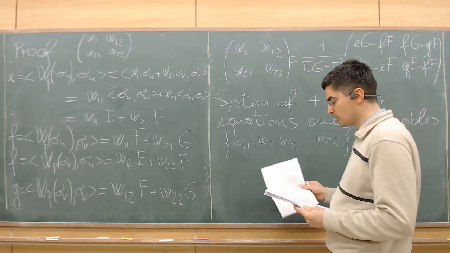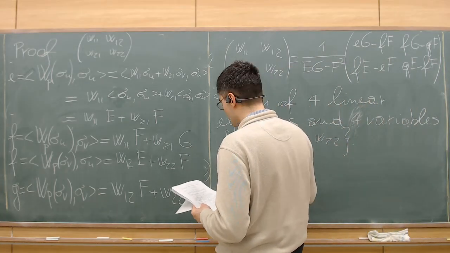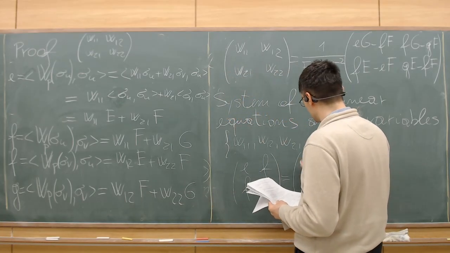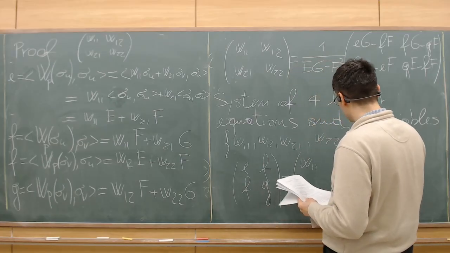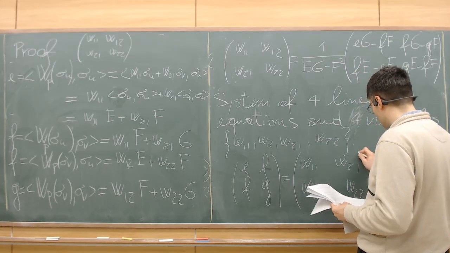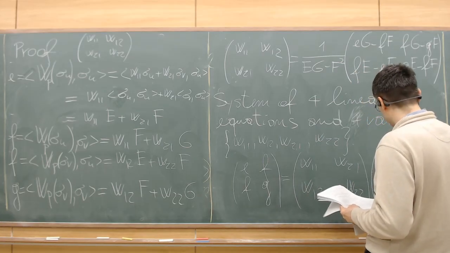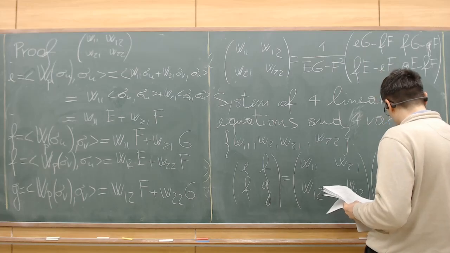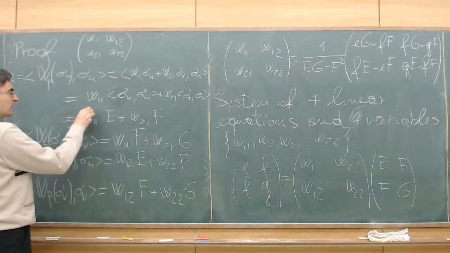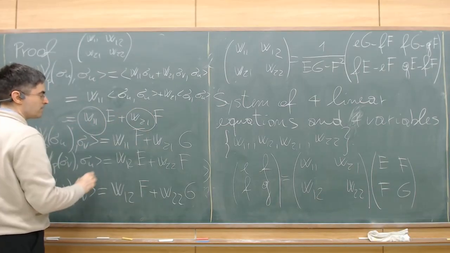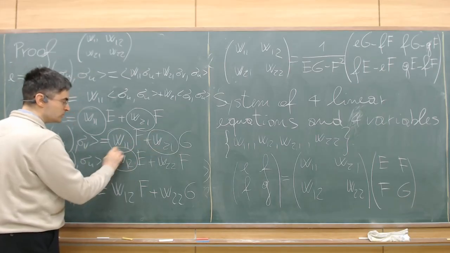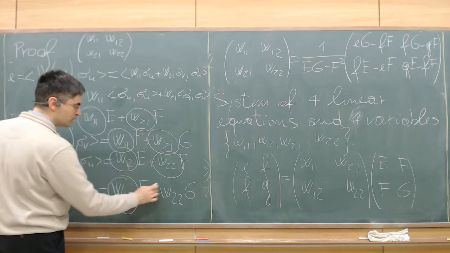We will write this equation as E F F G equal W11 W21 W12 W22 multiplied by E F F G. This is possible because here you have W11 W21 and also here W11 W21, W12 W22, W12 W22.